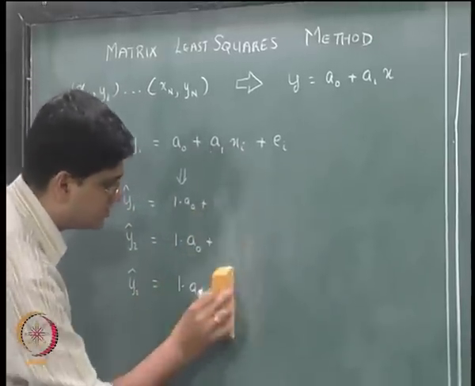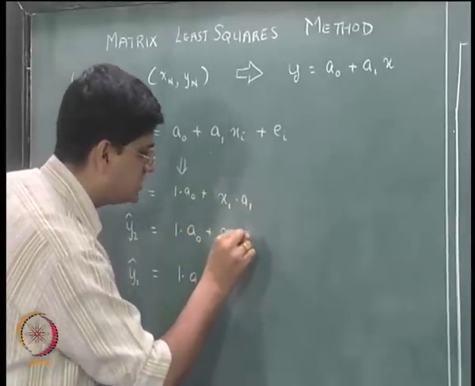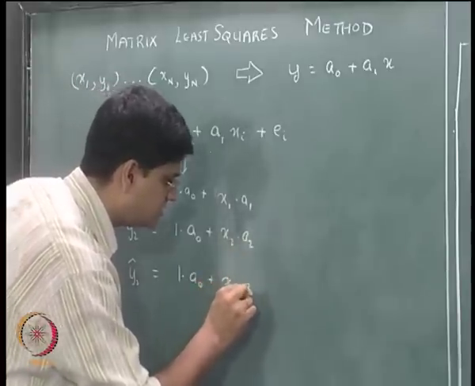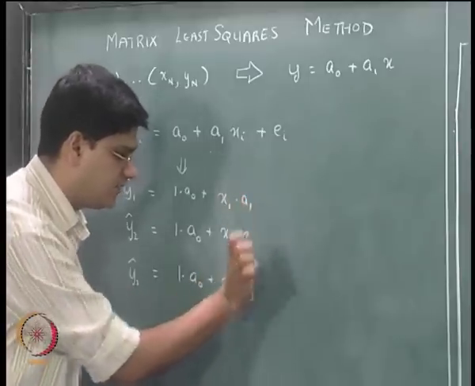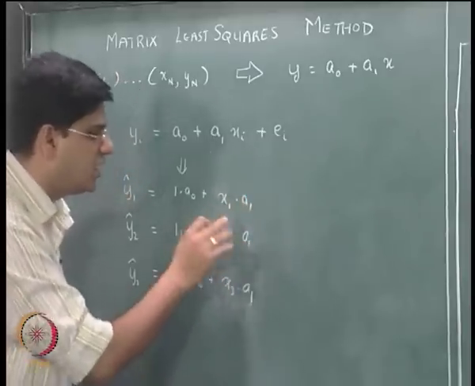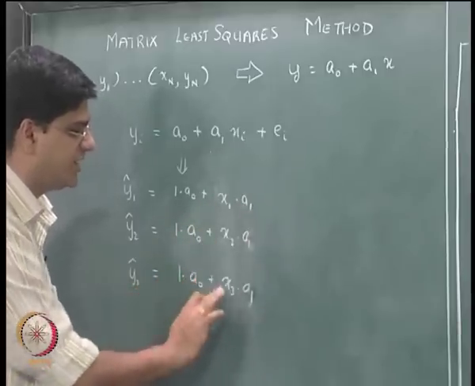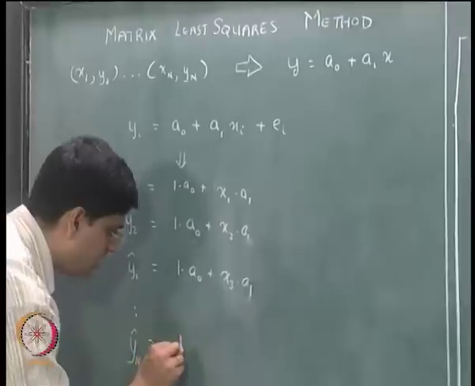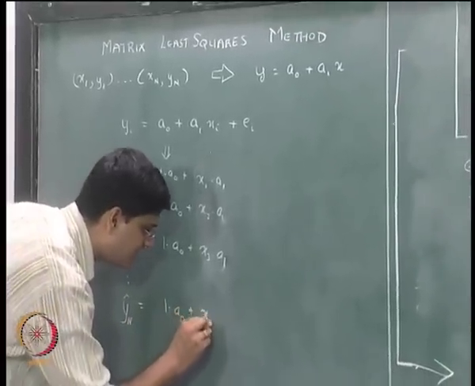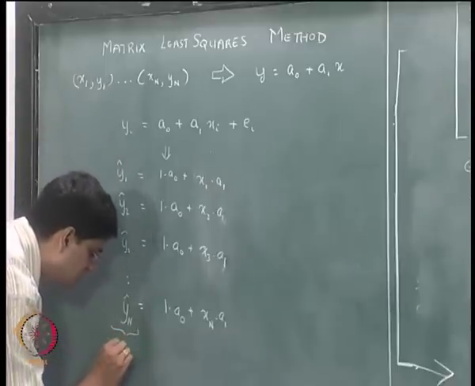It is the same term. Instead of writing this as a1 x1, a1 x2, a1 x3, I have written as x1 a1, x2 a1, x3 a1, okay, and so on up to yn hat is going to be equal to 1 times a0 plus xn times a1, okay.